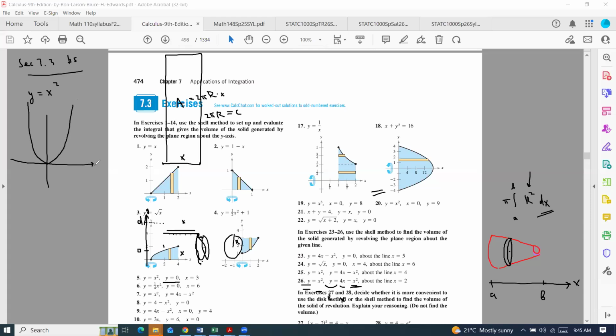So y is equal to 0 is the x-axis, right? Equation of x-axis. And then x is equal to 3. So that's a vertical line, the equation of vertical line x equals 3.